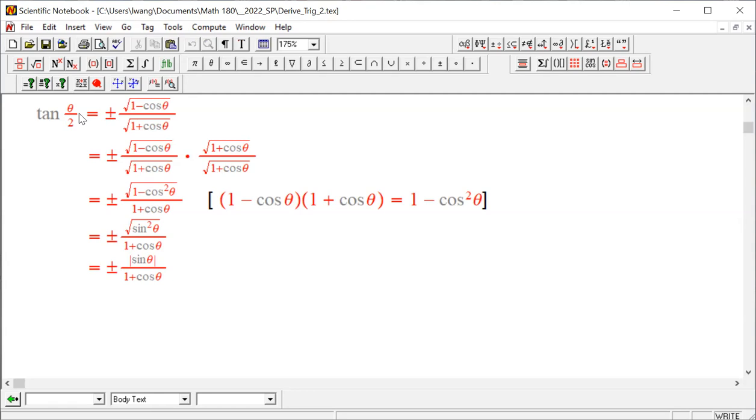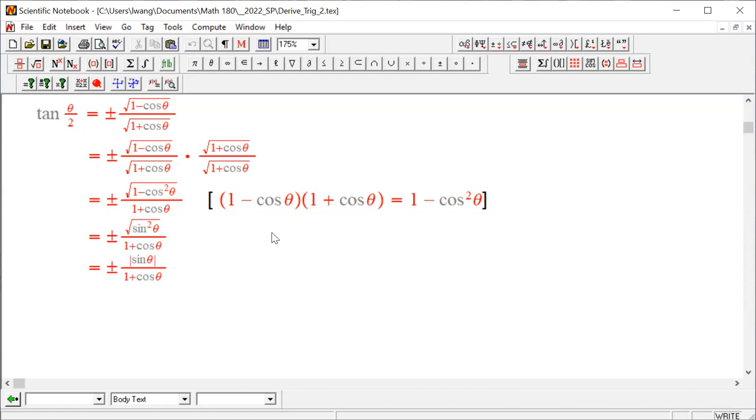And then it comes to discussion. What will happen if we have sine theta and plus minus, right? Sine theta plus minus. So we're going to have the following discussion.